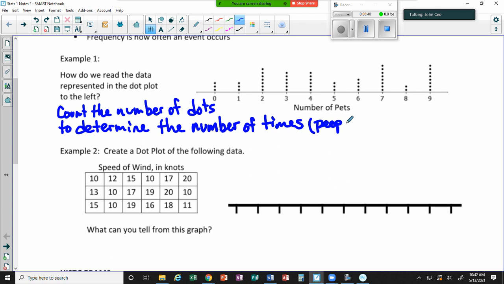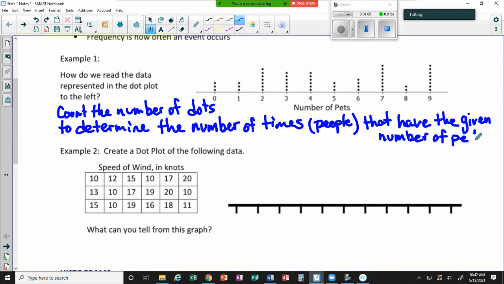Or the number of people, in this case, would probably be the number of people that have that number of pets. Like I said, they didn't give us enough data to determine whether one dot represents one person, or whether every dot is 10 people, something like that. So generally when we write these out, you're going to have some more information.